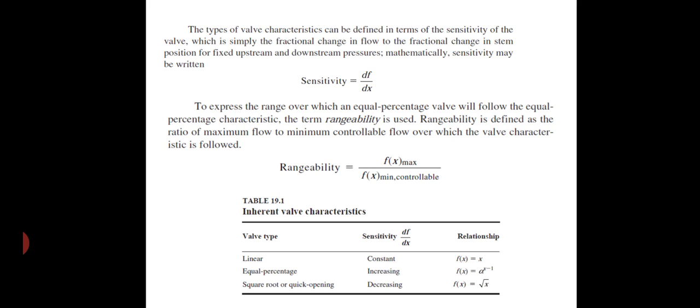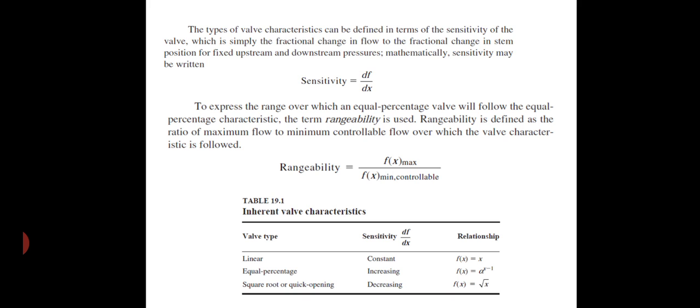Mathematically, sensitivity is the change in flow with respect to the stem position, so dF by dx is the sensitivity of the valve. Rangeability is the ratio of the maximum change in flow through the valve and the minimum controllable change in the valve.